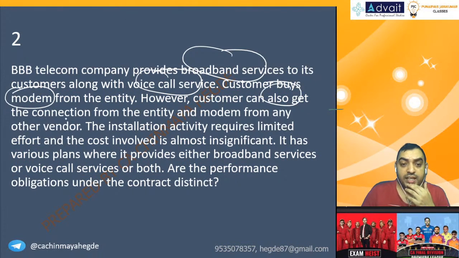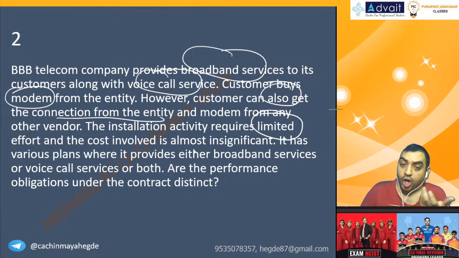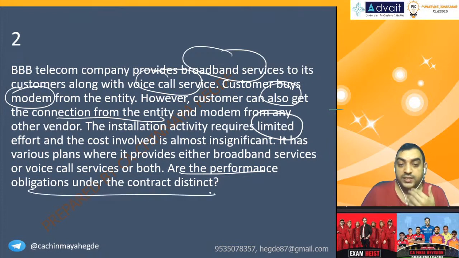Customer can also get the connection from the entity and modem from any other vendor. Installation activity is also there, and the cost involved is almost insignificant. It has various plans where it provides either the broadband services or voice call or both. Are the performance obligations under the contract distinct? So we have three things now: broadband, voice call service, modem.